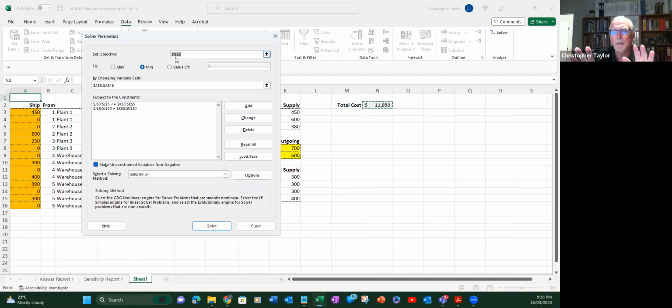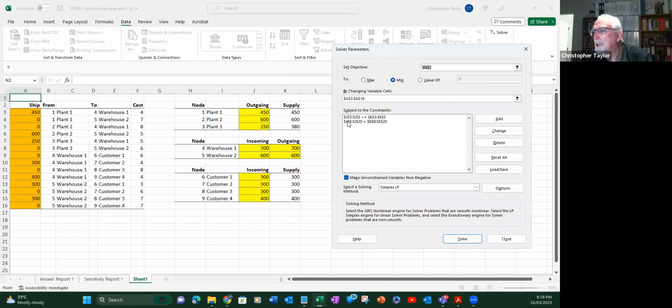Once you have a reference cell, Excel will keep going back to that cell. So that's why you see all these dollar signs in the formula. Then the next thing was changing the variable cells.